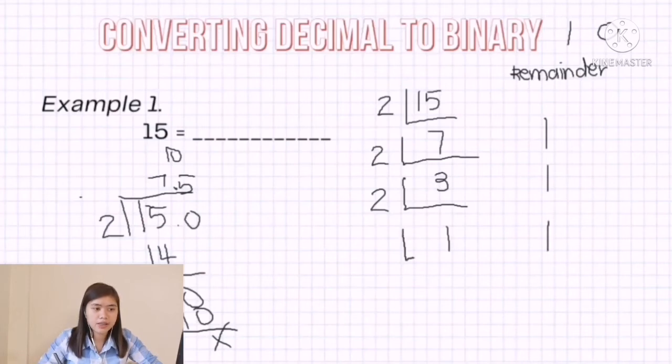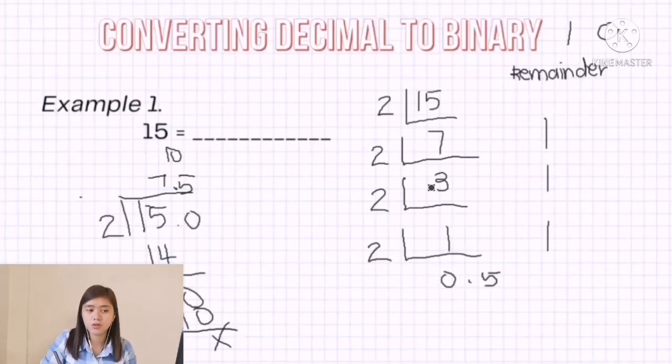And still, we need to divide it by 2 because it's still 1 and it's not 0. So 1 divided by 2, that is 0.5. Since it is not exactly 0, we're going to put 1 here. Do we still need to divide it by 2? Okay, we no longer divide it by 2.